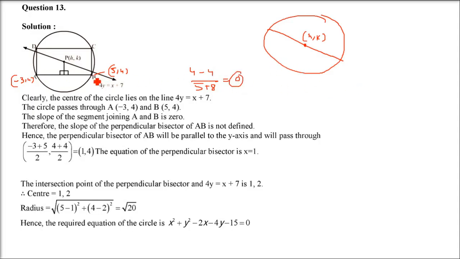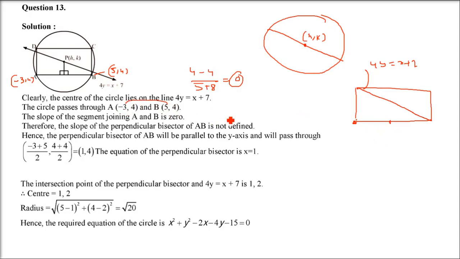So what will be the line which is perpendicular to this line? AB is parallel to x-axis. Anything which is perpendicular to x-axis is y-axis. Okay. So we will try to find out the perpendicular bisector. In a rectangle, this is the diameter, and we know the diameter line also, that is 4y equals x plus 7.